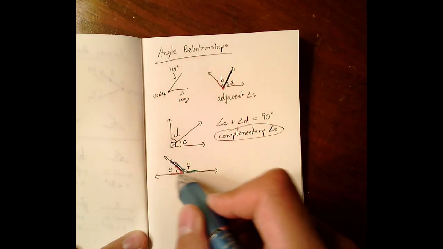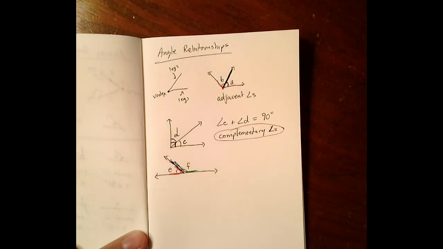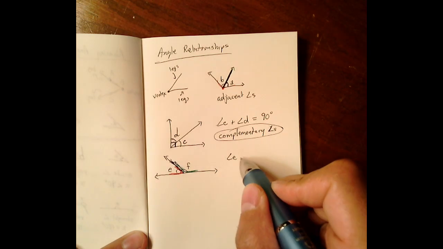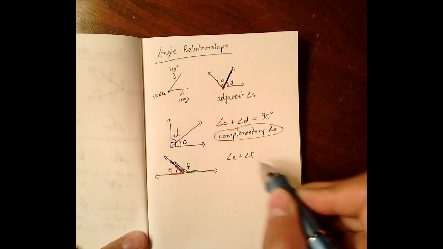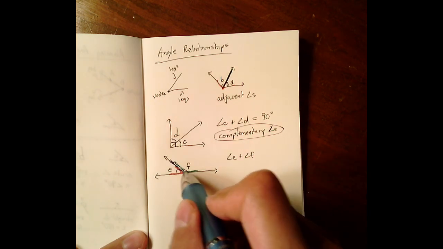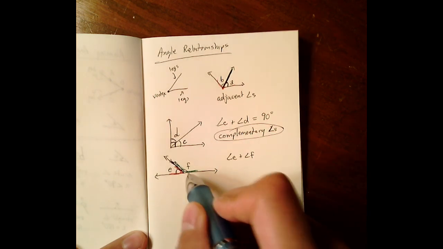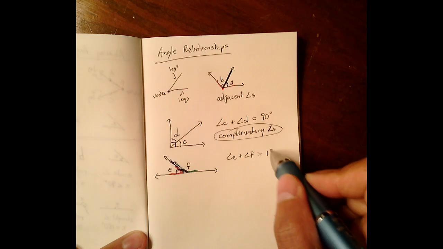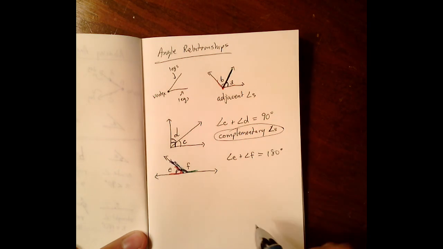Now, angle E, we can see it's an acute angle, and F is an obtuse angle. But this time, if I add angle E and angle F together, what do I have? Well, I have 180 degrees.